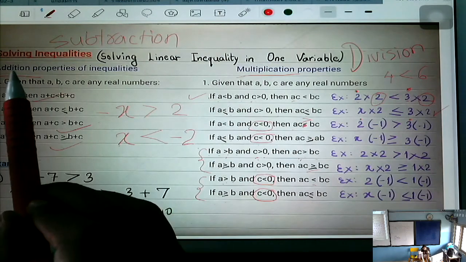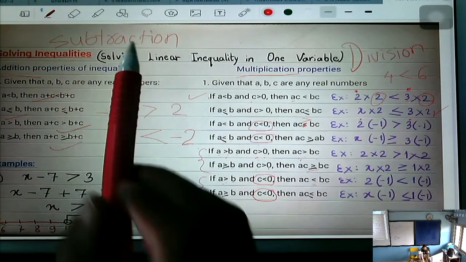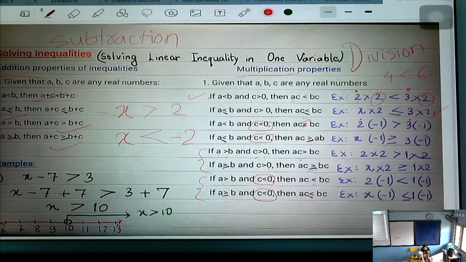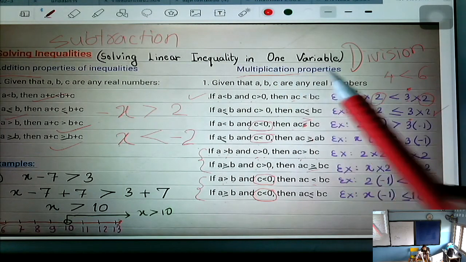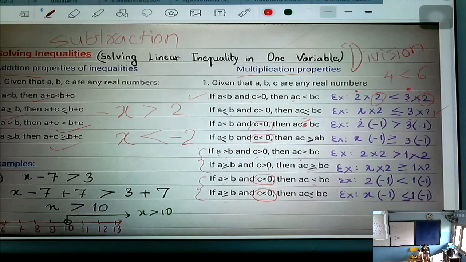So the addition and subtraction properties are the same. They are compatible with each other. And the multiplication and division properties are the same. Okay? They have the same rules. So we just learned two properties. After you learn, if you solve problems, you will learn more when you do examples.